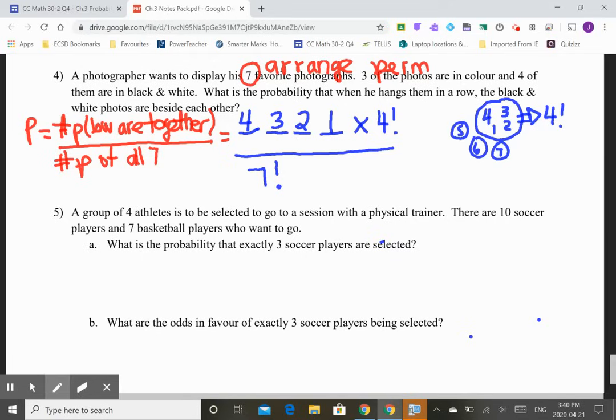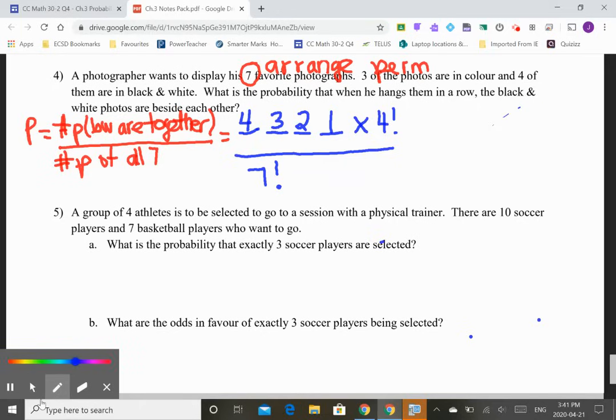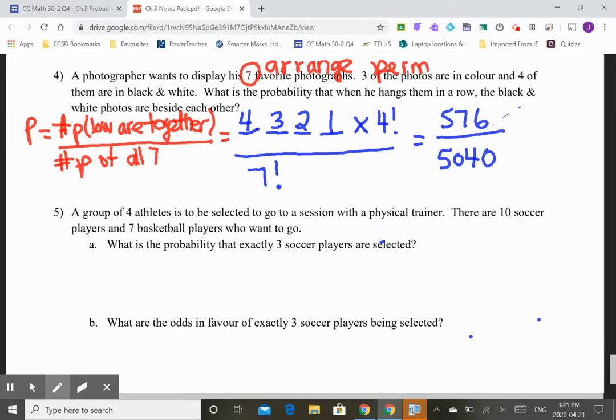So essentially this would become 4 factorial times 4 factorial, which gives us a number in the numerator, and that number is 576. In the denominator, we have 7 factorial, which you can calculate, which would be 5,040.